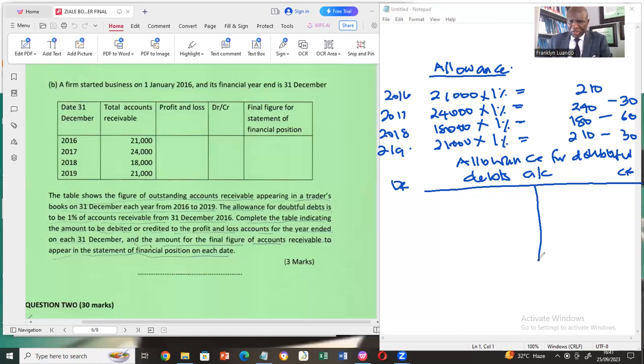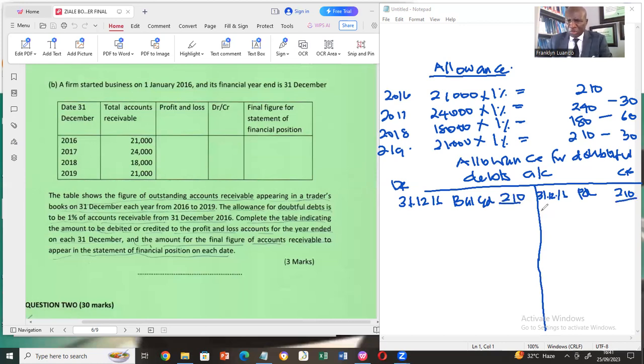I want you to pay particular attention. At the end of 2016, 31st December 2016, the amount to be charged to P&L, since it's the first, it's 210. It was increasing from 0 to 210. Then at the end of the year, you balance. 2016, the balance carried down 210.